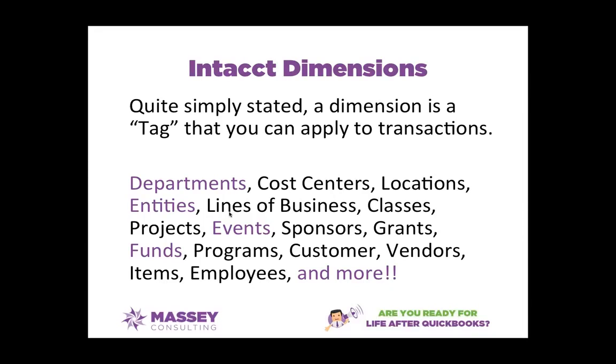Each entity, each organization has up to 13 dimensions that can be used in the standard base product. 8 of those can be renamed or repurposed to suit your needs. And so you could rename it, for example, to funds and grants and programs if you're a nonprofit. If you're a professional service company, perhaps you wanted to track by projects.